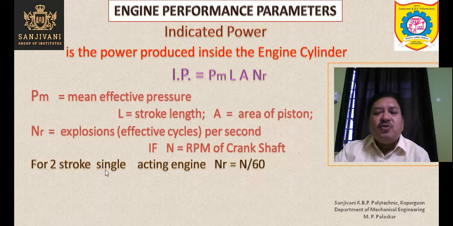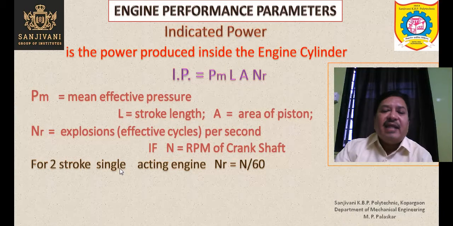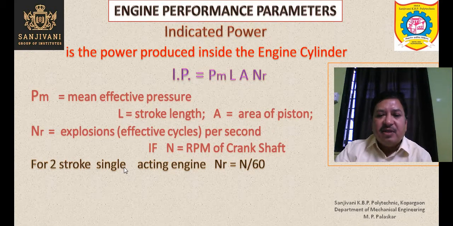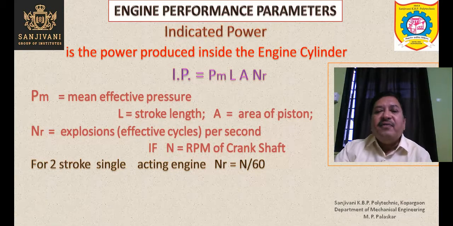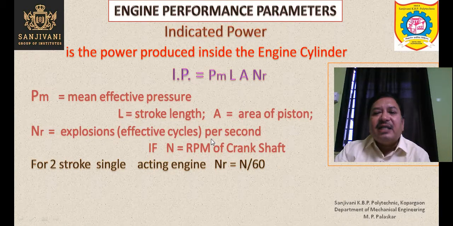And since it is a 2-stroke cycle engine, 2 strokes equal 1 revolution of the engine. So, in 1 revolution we get 1 power stroke. So, 1 effective cycle is equal to 1 revolution. Therefore N_R is equal to N upon 60. This 60 is because capital N is the RPM, revolutions per minute, and N_R is the effective cycles per second.